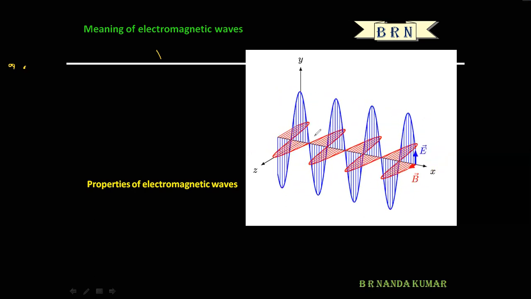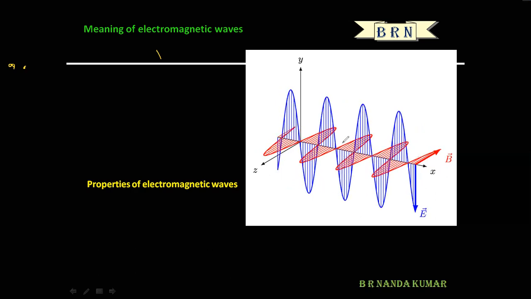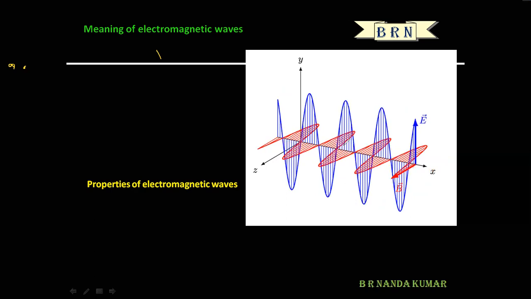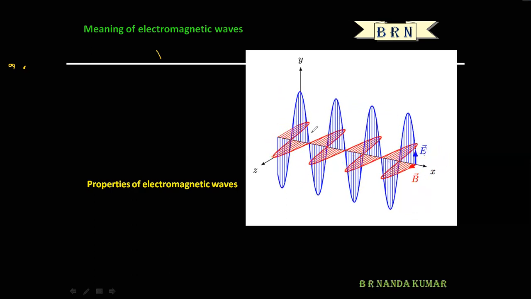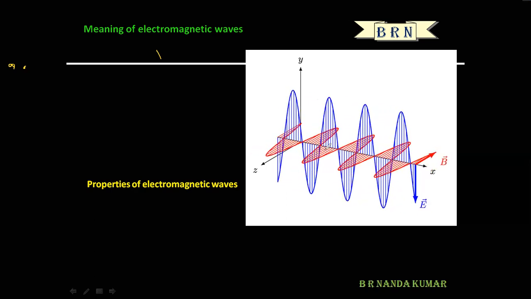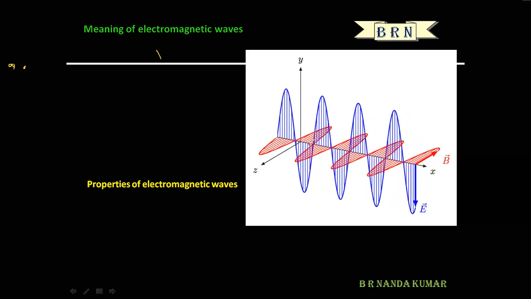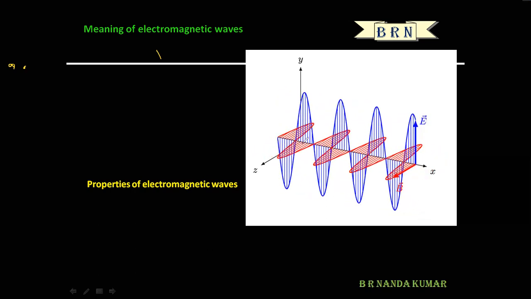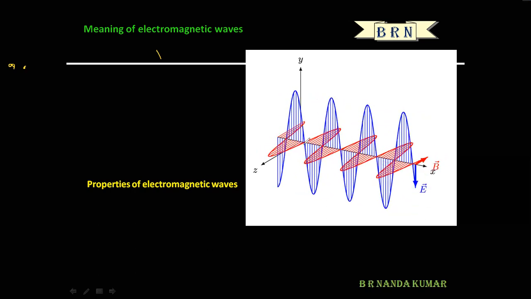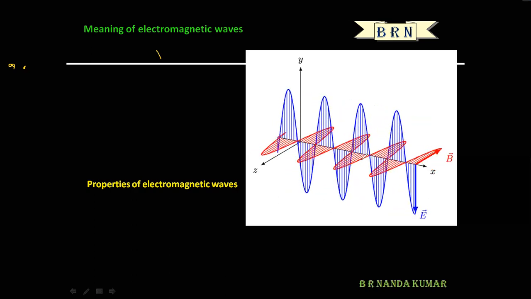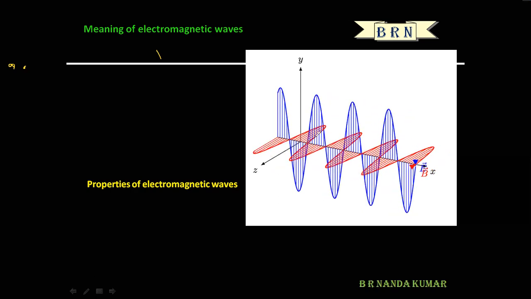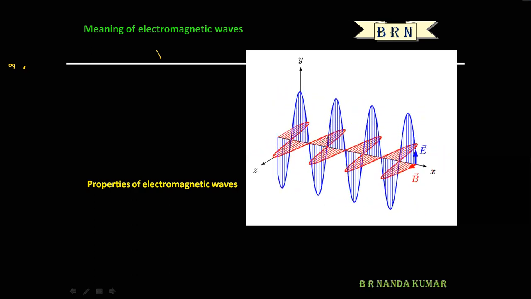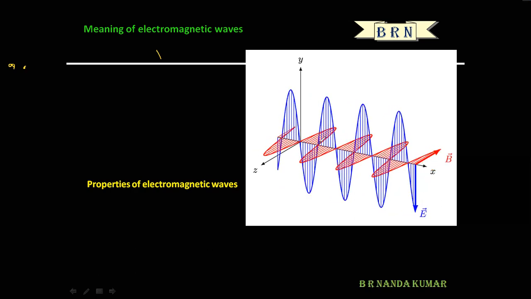It is zero. The electric field varies along the y-axis, and the magnetic field varies along the z-axis, which are mutually perpendicular to each other and perpendicular to the direction of wave propagation. But the electric field and magnetic field are in phase; there is no phase difference between them.